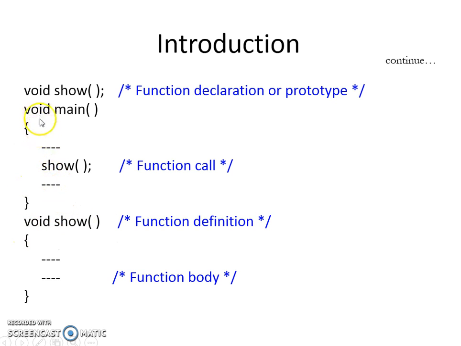In further section of the program, we will define the function after finishing our main function. So this void show, here you will actually write the logic of this function, that is called function definition. In function call, you will simply call that function and execute it.